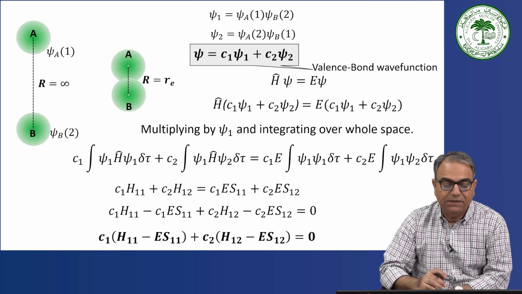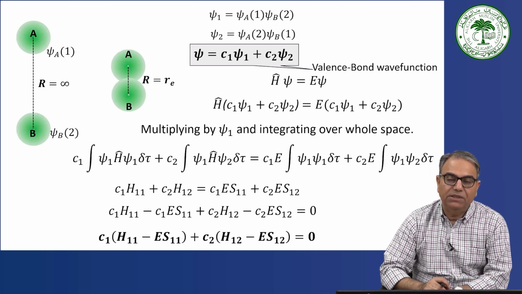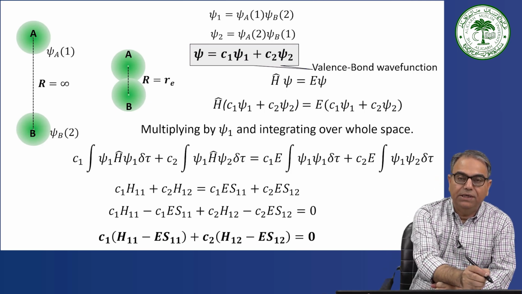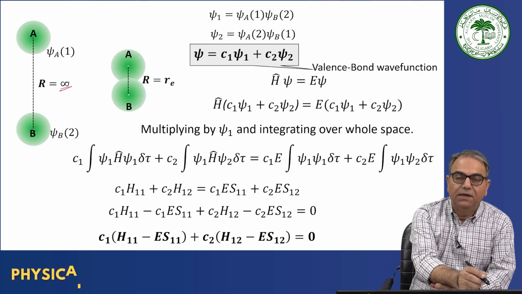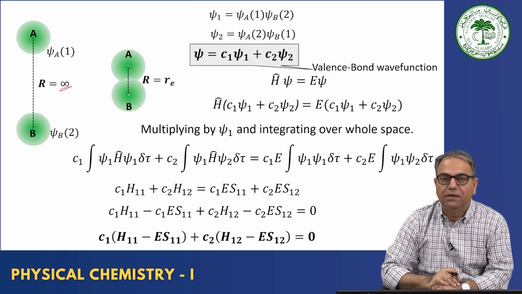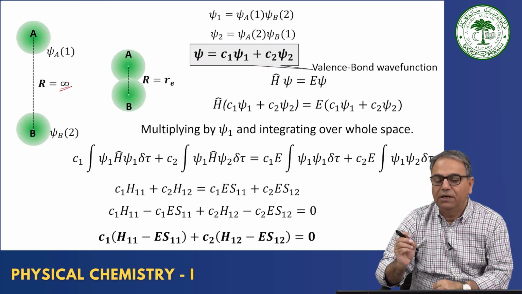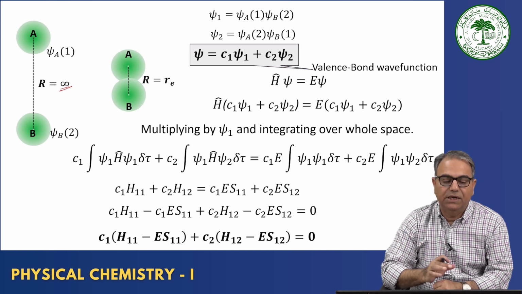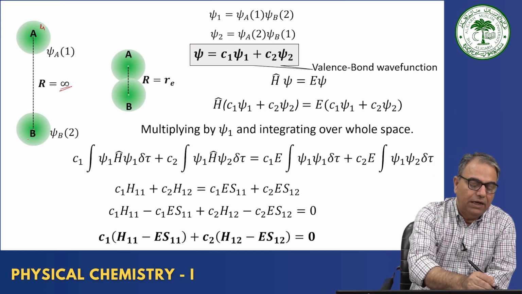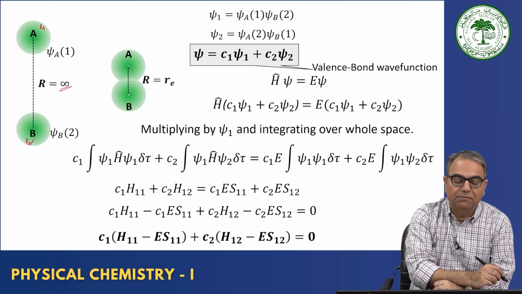Now what happens if the two hydrogen atoms are very far apart, or the distance between the two is infinity? Infinity doesn't mean the literal meaning of infinity. It means a distance at which the interaction between A and B is not taking place, so you have an individual electron attached to each nucleus. First electron e1 is attached to this atom, and e2 is attached to that atom.